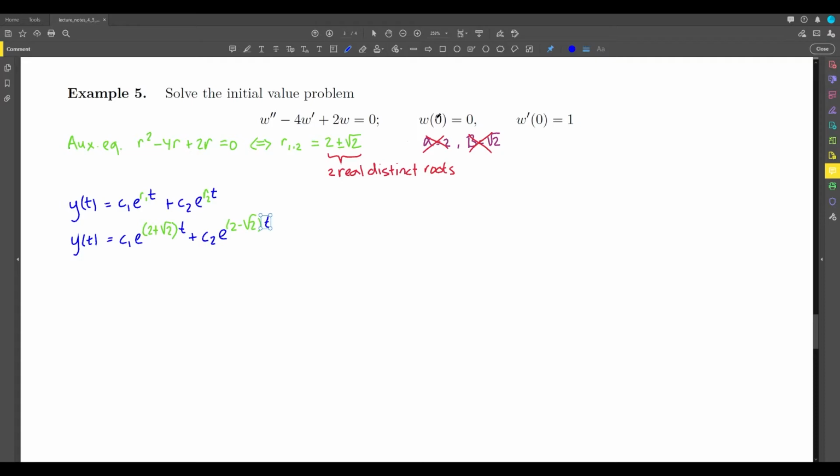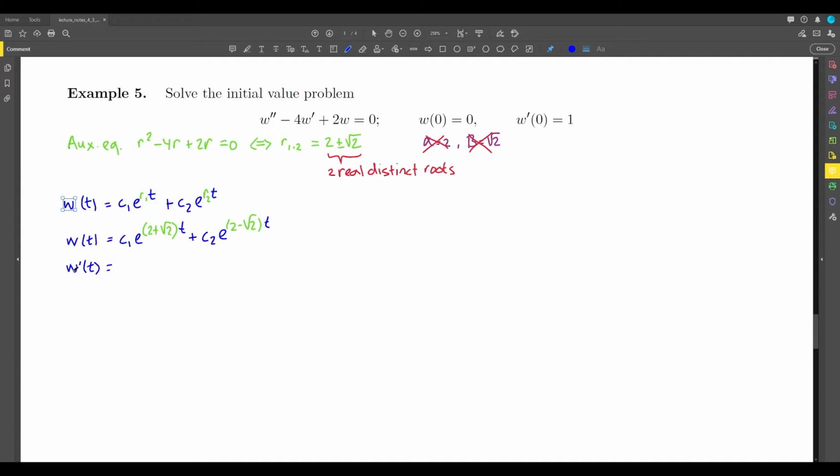And by the way, I need to make that w of t. Our function is not y here, but it's w. And in order to use the initial condition, we also need to have w prime of t.